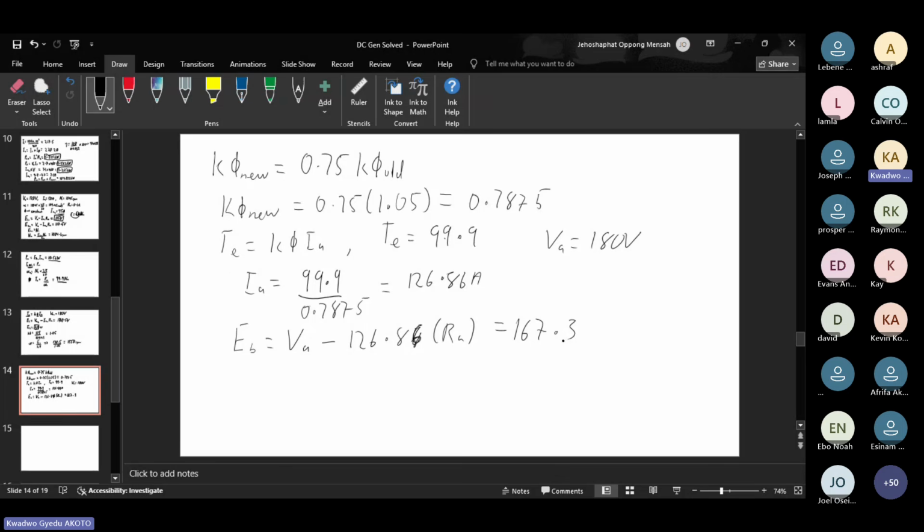And we know that our speed omega is equal to EB on K phi. We found our new K phi, so we have 167.3 on 0.7875. This is going to give us 212.4 radians per second as our speed when our flux is reduced.